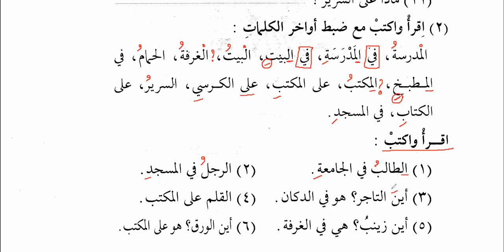Aina. Now, one more important point for the questioning tools. Any questioning tool that you have learned up till now, for example, Aina, Ma, Maza, and Man, all these questioning tools don't change their structure or haraka at any time in the sentence, in any position.